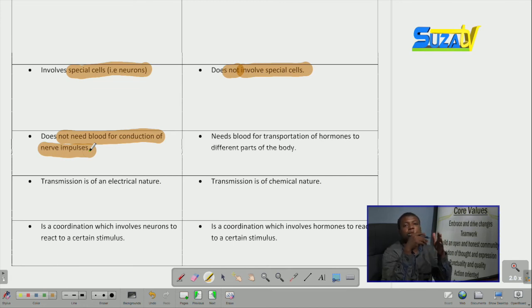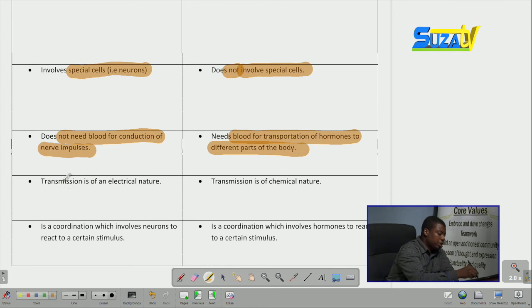As nerve impulses are conducted through the neurons, there is no need for blood to be used. But in the hormonal coordination, blood is needed for transportation of hormones to different parts of the body. The main transport medium for hormones is blood. So the hormones pass from one part of the body through the bloodstream to the other part of the body.